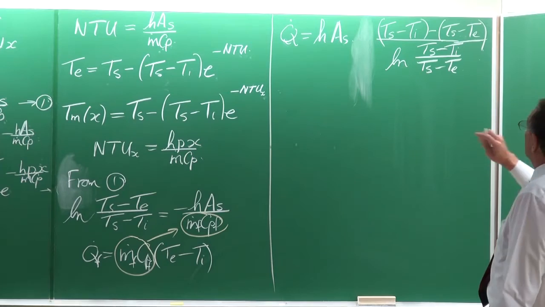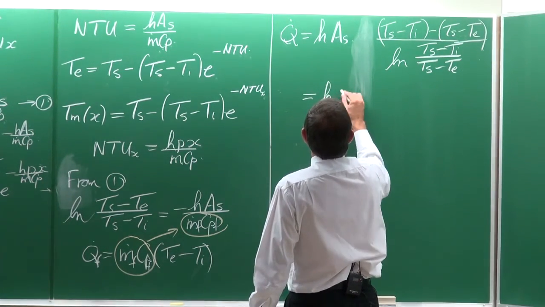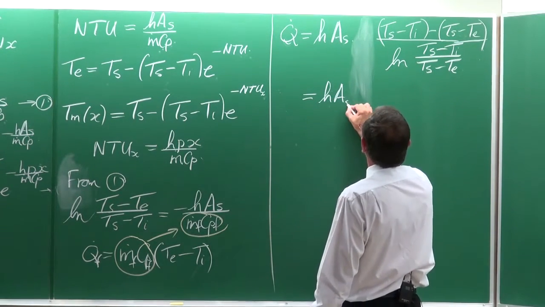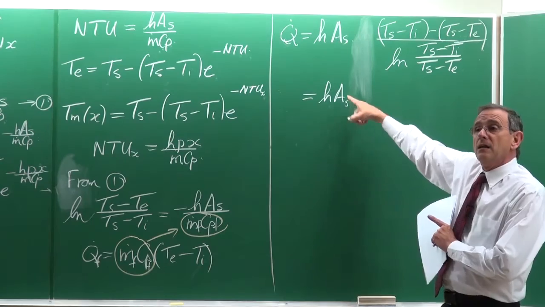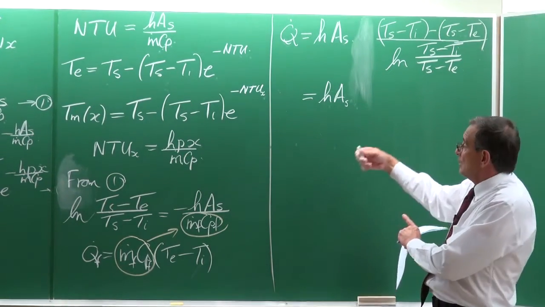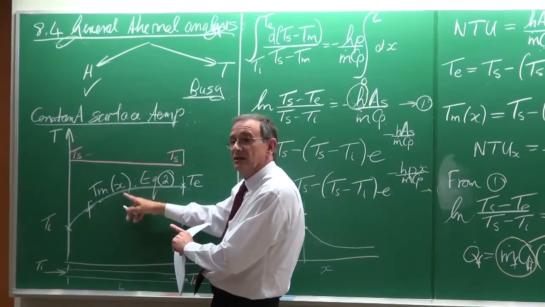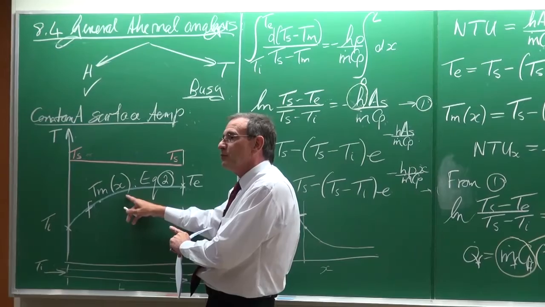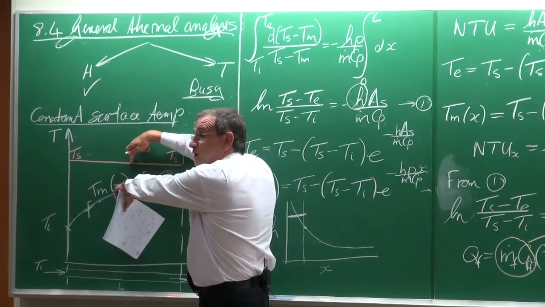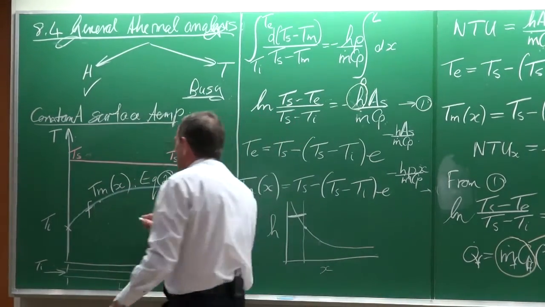This is a very important result because it tells us that the heat transfer rate is equal to the heat transfer coefficient multiplied by the area. And remember the problem that we started with in this lecture. When we looked at the heat transfer rate, we said that we want to say it is equal to a heat transfer coefficient and an area multiplied by a delta T. And the question was, what delta T should we use?